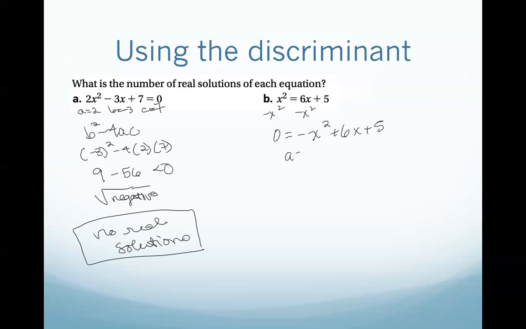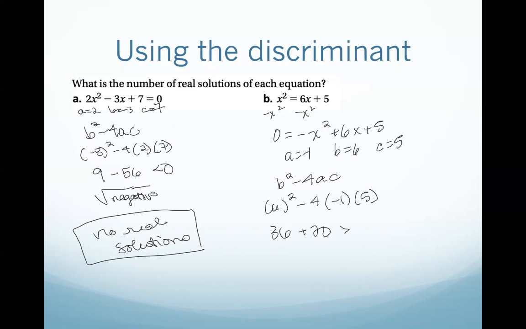Then a is -1, b is 6, c is 5. b squared minus 4ac is 6 squared minus 4 times -1 times 5. So that's 36, -4 times -1 is +4, times 5 is plus 20. And that is positive. If it's positive, there are 2 real solutions.